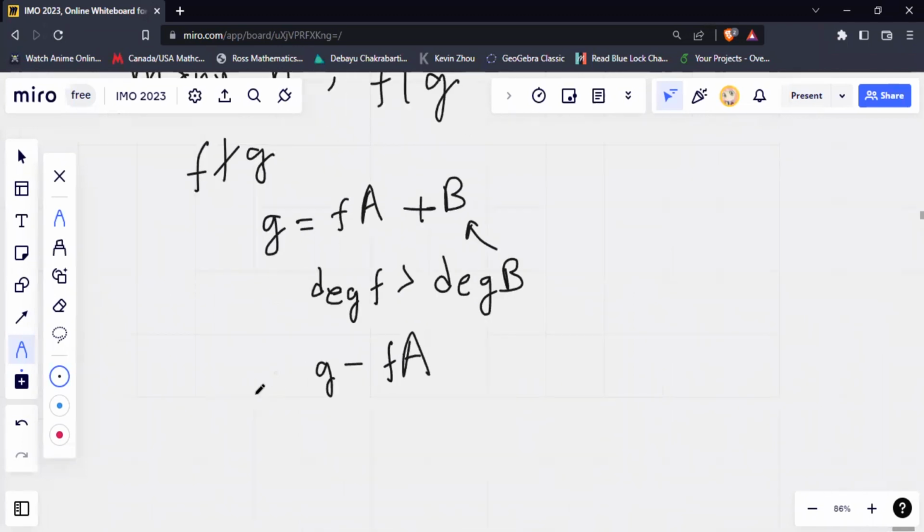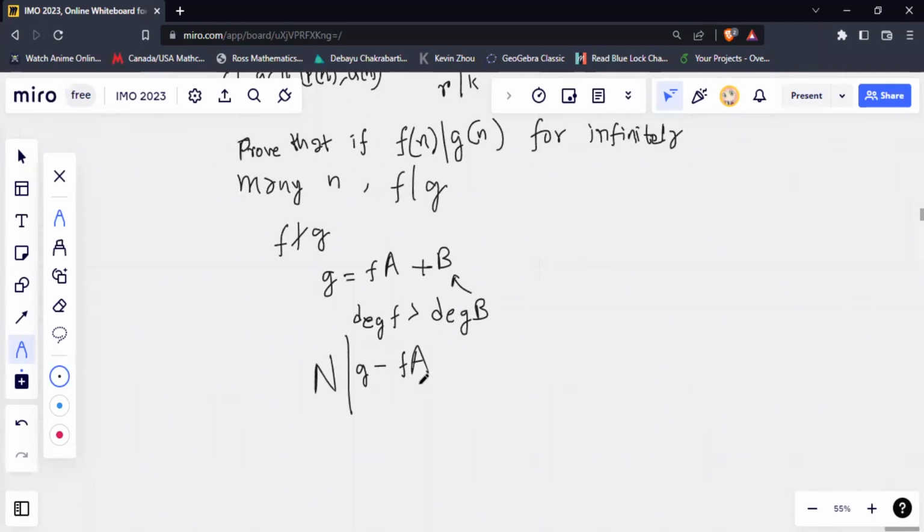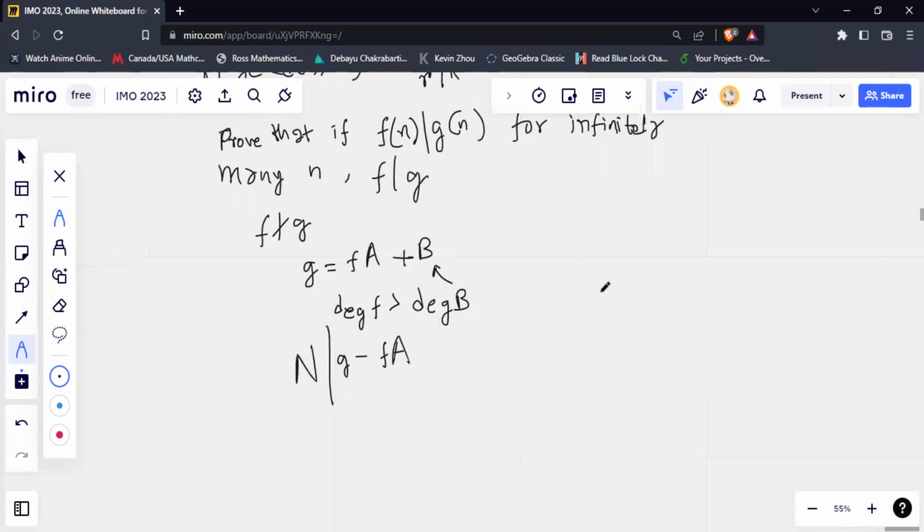Pick a really large n. I guess that would give a contradiction. Yes, that forces n to divide b. And yes, this is a degree contradiction basically.